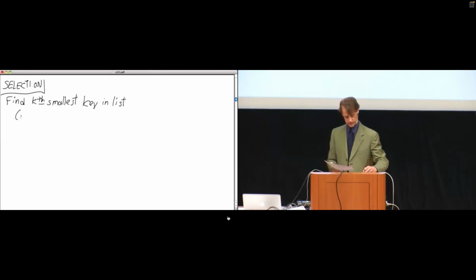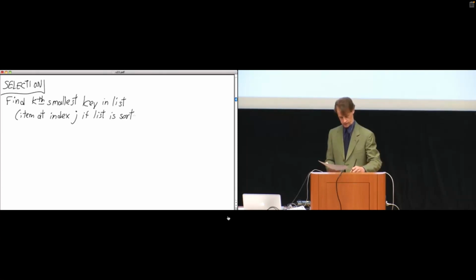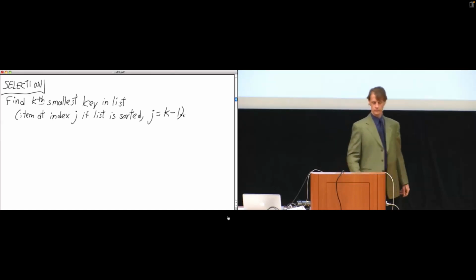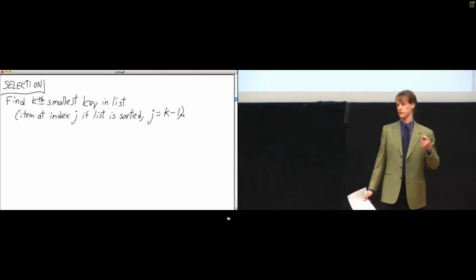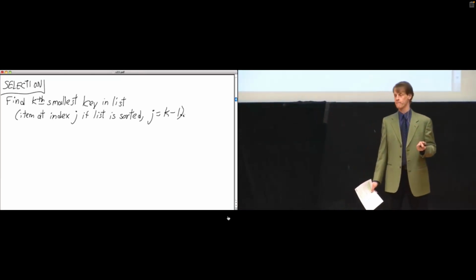In other words, to put it a different way, you want to find the item that would be at index j if the list were sorted, where j is k minus 1. So I want to find the kth smallest item for an arbitrary k in a list.